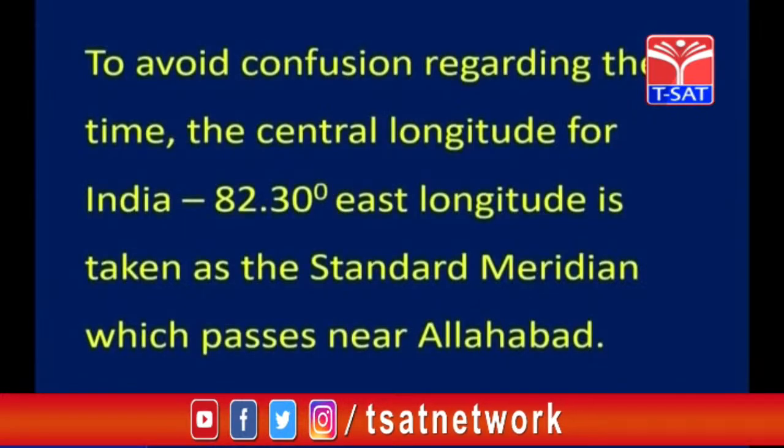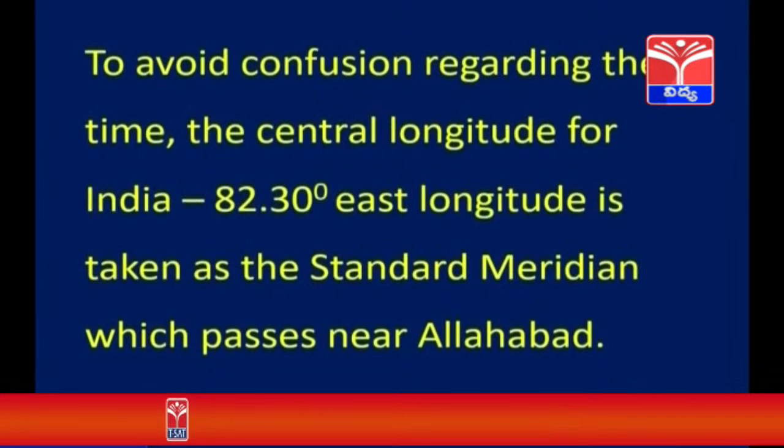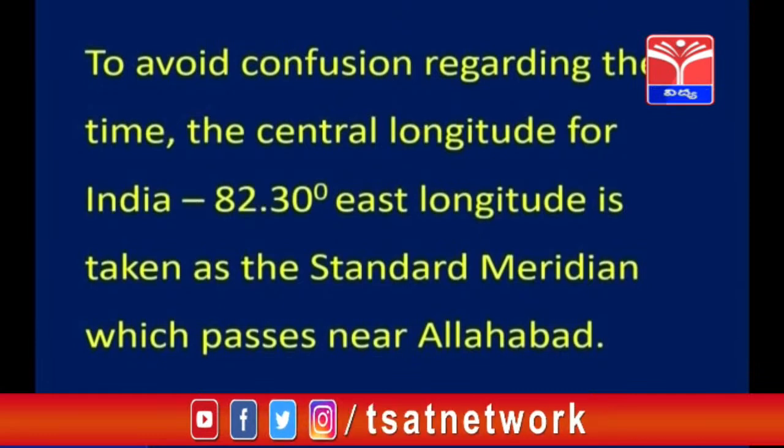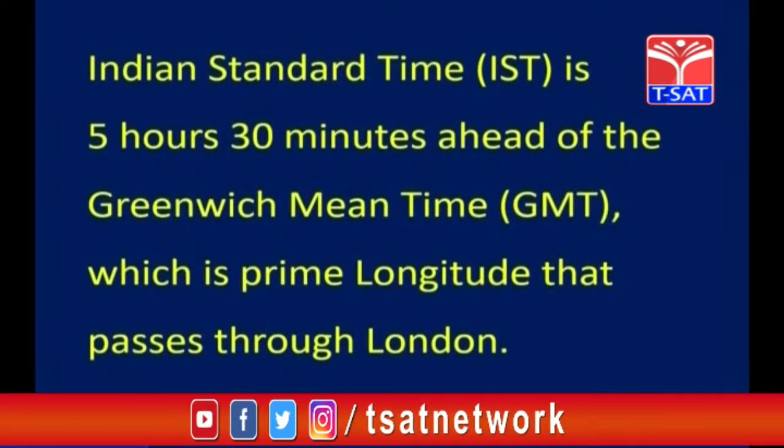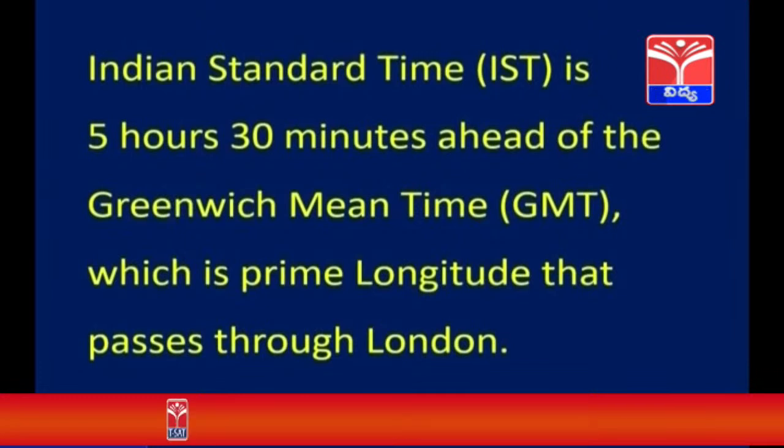To avoid confusion regarding the time, the central longitude for India, 82.5 degrees eastern longitude, is taken as the standard meridian, which passes near Allahabad. Indian Standard Time is 5.5 hours ahead of Greenwich Mean Time, which is the prime longitude that passes through London.